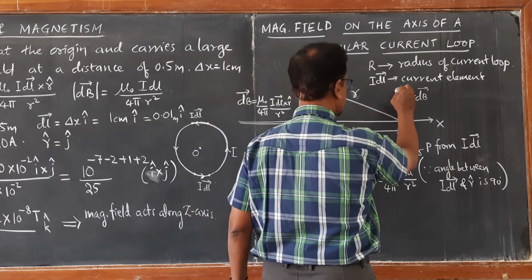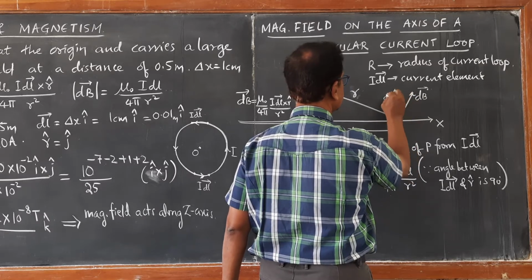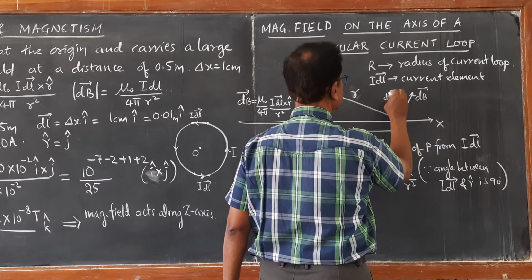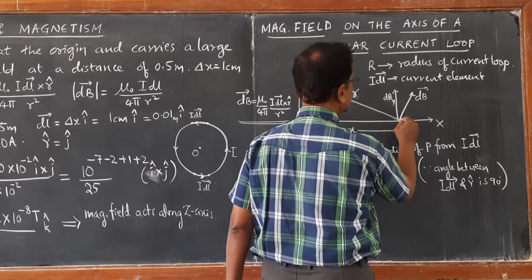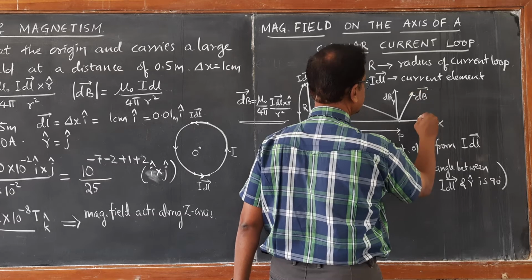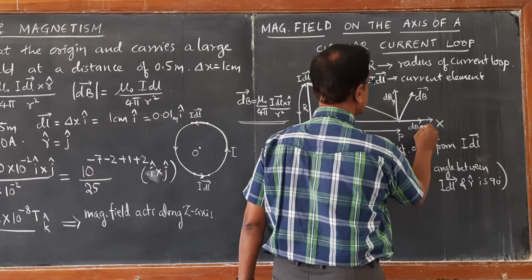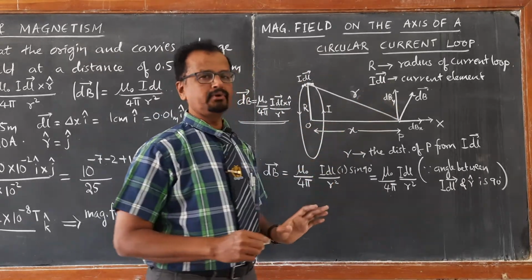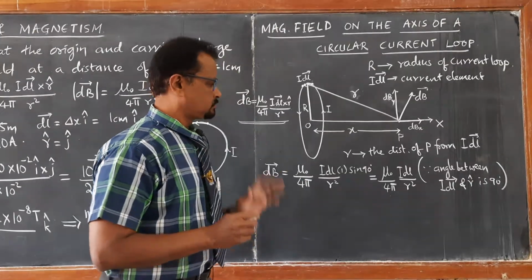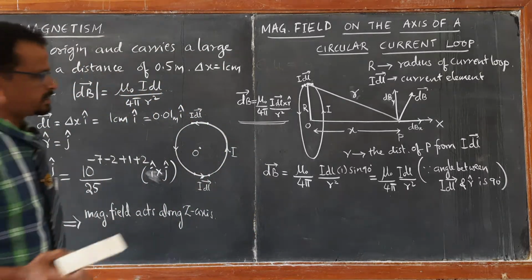One is component along y axis, so this you can take as dBy, and another component you take as dBx. You will find all dBy perpendicular components are going to cancel. So, to show you how it is going to cancel, look at this diagram.